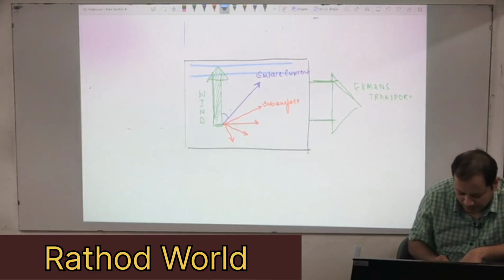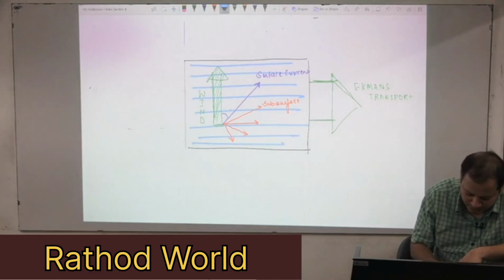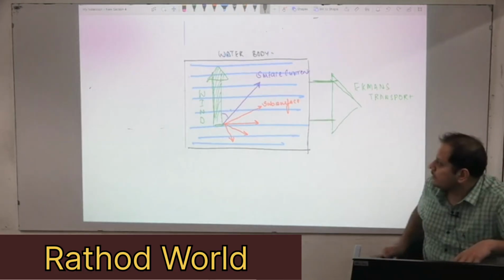What is this? This is water. No need of drawing the blue lines in the exam. Just know that it is a water body. The same diagram.